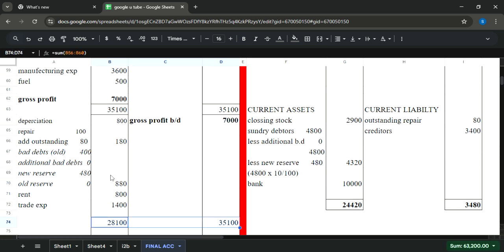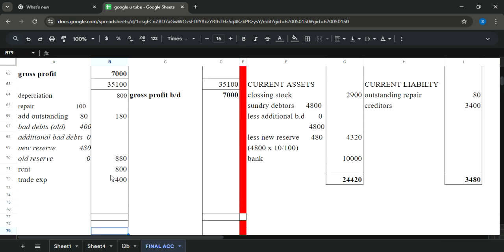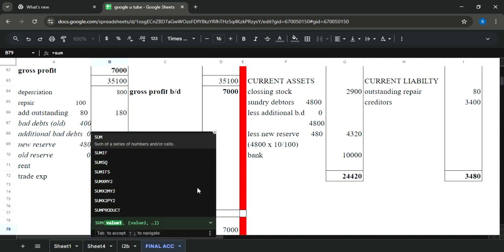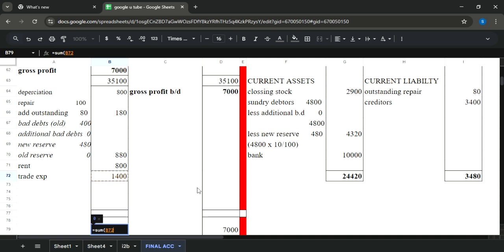These totals were written just for rough work. You can erase them. Now, the same procedure we will adopt for net profit, where the sum is already written because there is only one amount. So the sum of the credit side is 7,000. Now you will take the sum of the debit side, where several amounts are present: 1, 2, 3, 4 and 5.